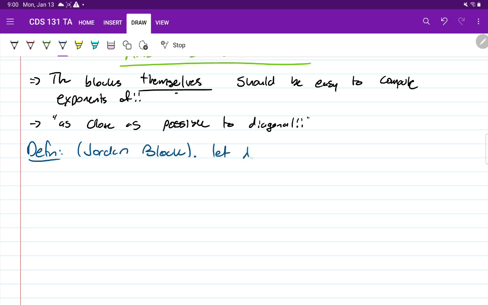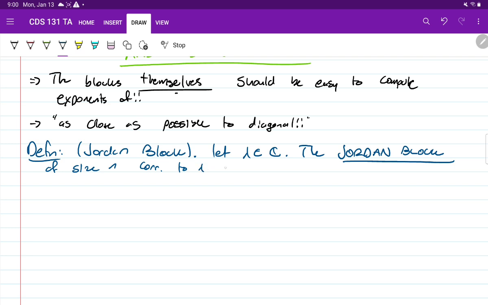Let lambda belong to C. The Jordan block of size n corresponding to lambda is the matrix J equals lambda times I, where I is the n by n identity matrix, plus N naught, all right?